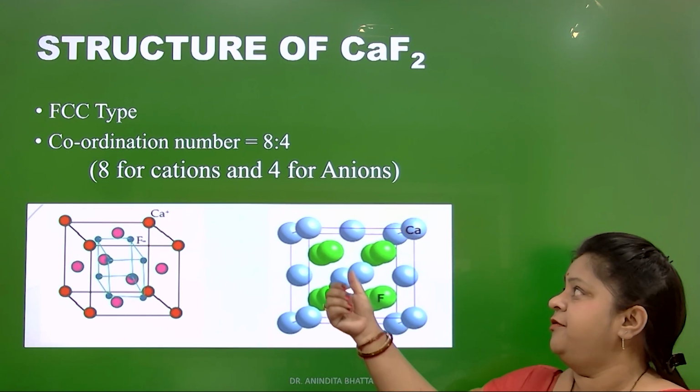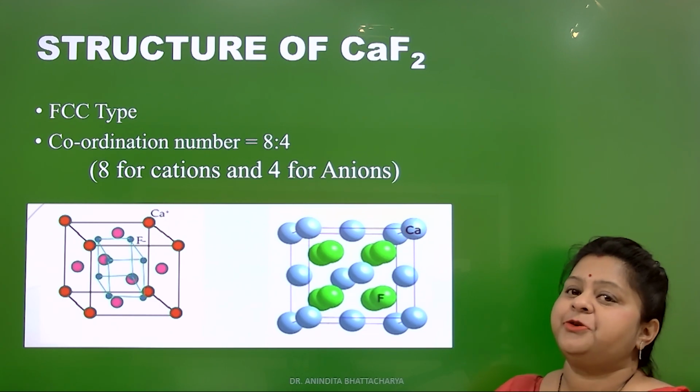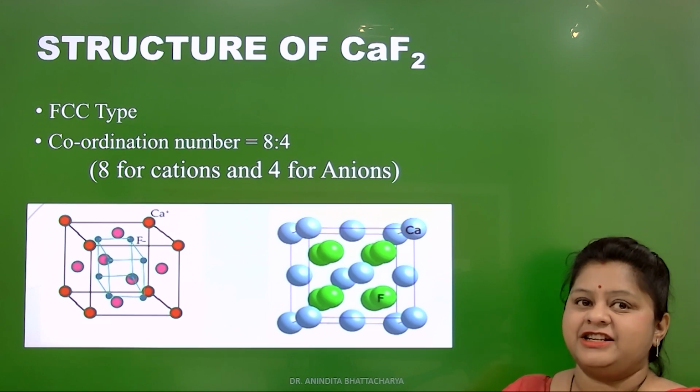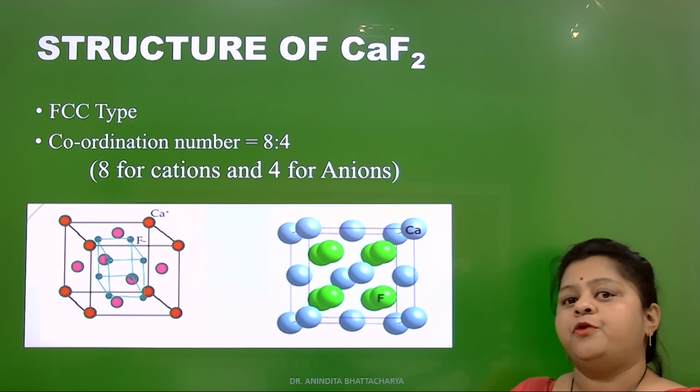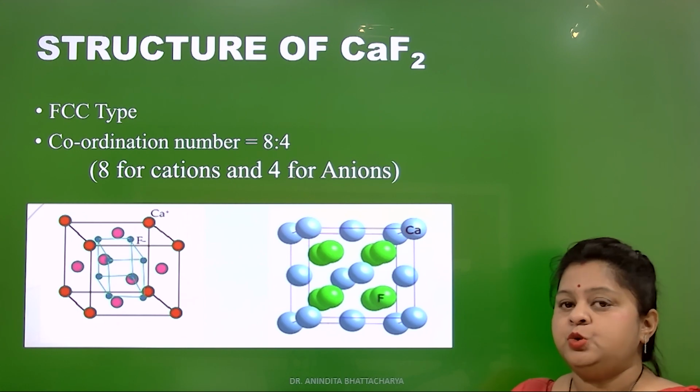Similarly, here we have blue as calcium and green as fluorine. So there are 8 calcium and 4 fluorine in one particular CaF2.